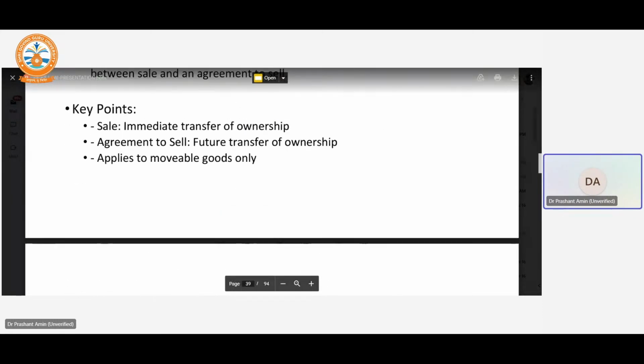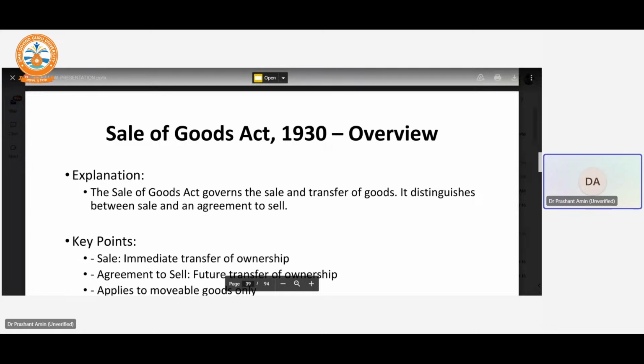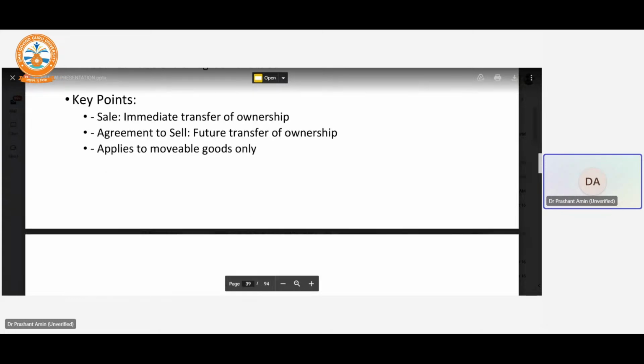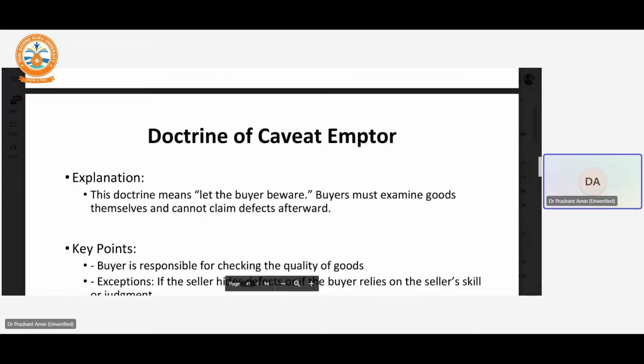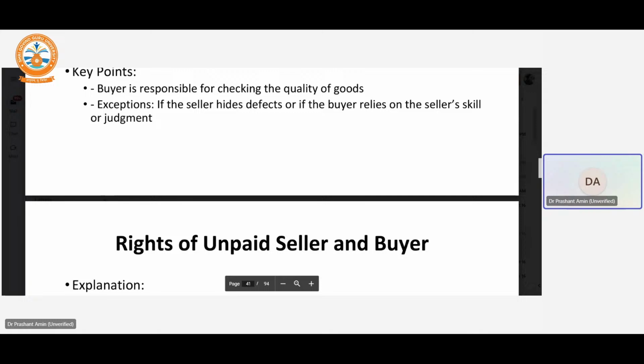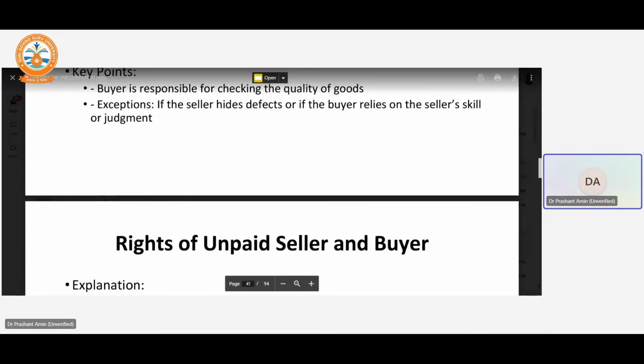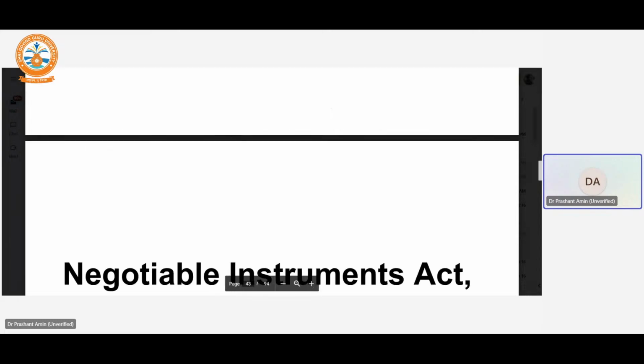The Sales of Goods Act is a very small act, covering only 30 or 40 sections. So when preparing for it, you just need to understand caveat emptor, the rights of the seller, and the rights of the unpaid sellers and the buyers. That is most important, and most of the questions are asked from that category.